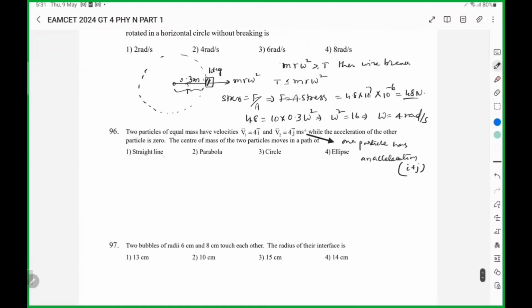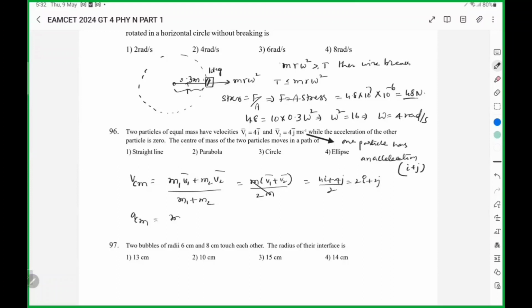Where two particles of equal masses have velocities, then the velocity of center of mass will be m1 v1 bar plus m2 v2 bar by m1 plus m2. So m into v1 bar plus v2 bar by 2. So here it is 4i plus 4j by 2, 2i plus 2j.